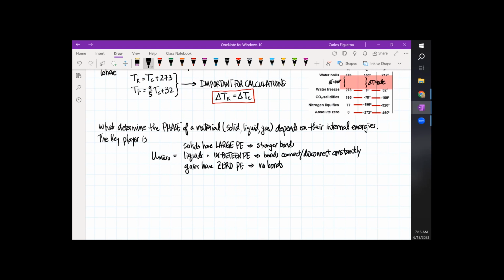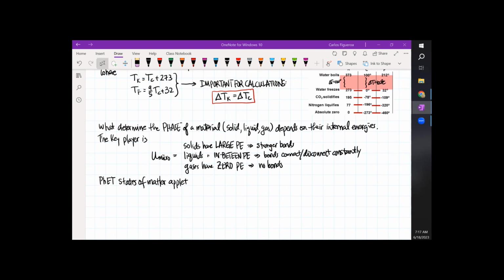So what I'm going to do here is show you the PhET applet. So I want to go to the PhET applet, States of Matter. And what it does here is it really shows very well what I mean by this internal energy thing here.